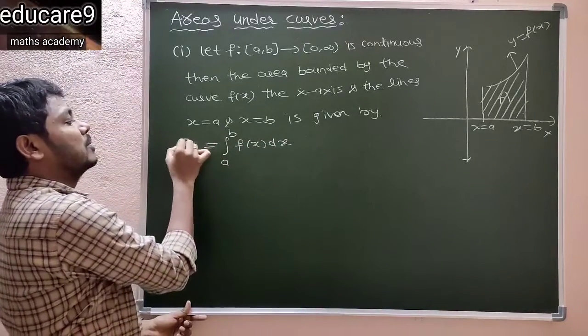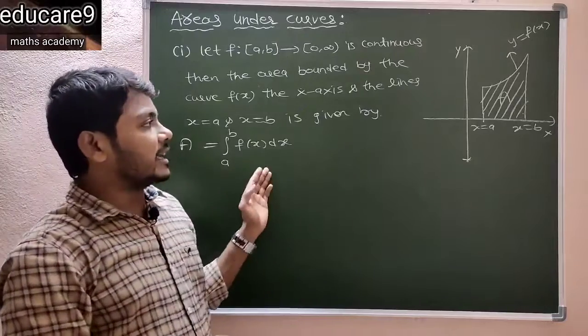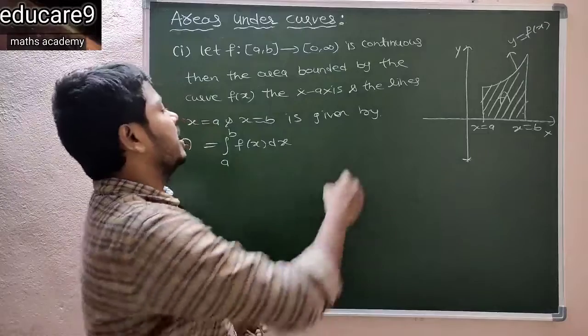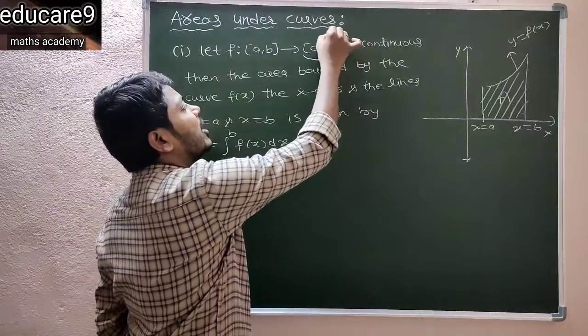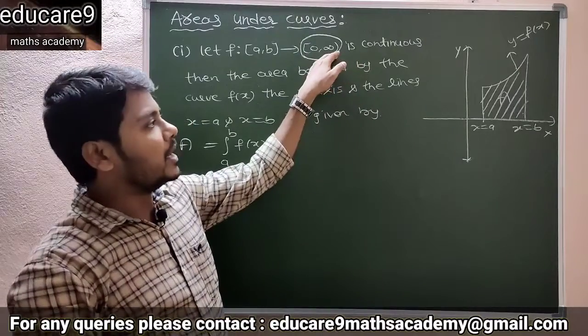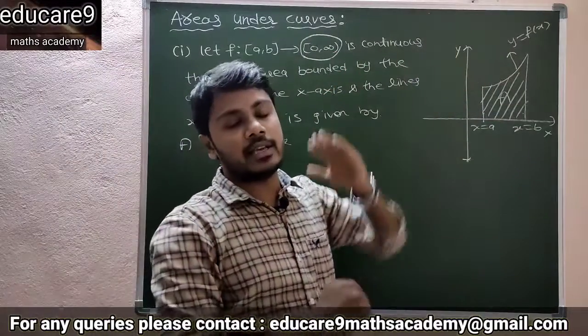Clearly in that case the graph lies above the x-axis, because the codomain values are 0 to infinity, positive values.